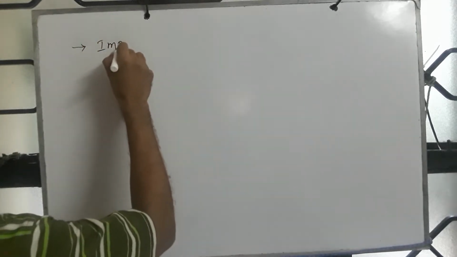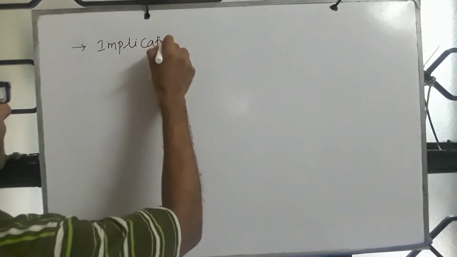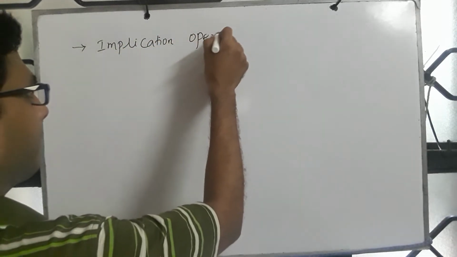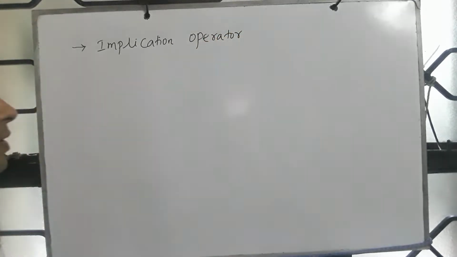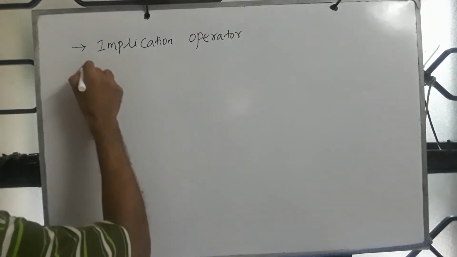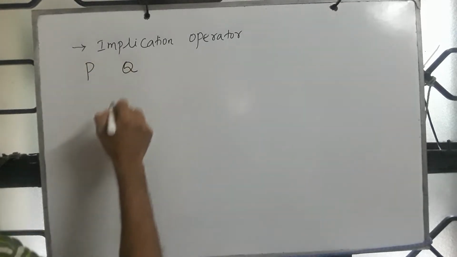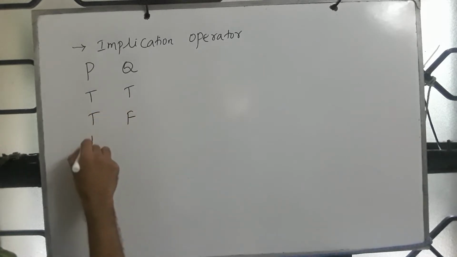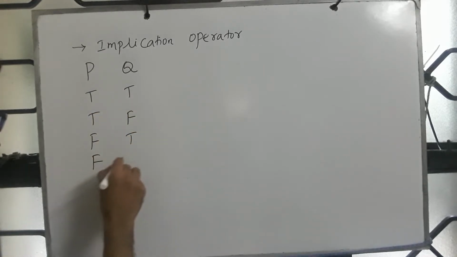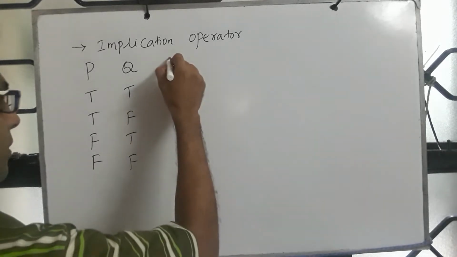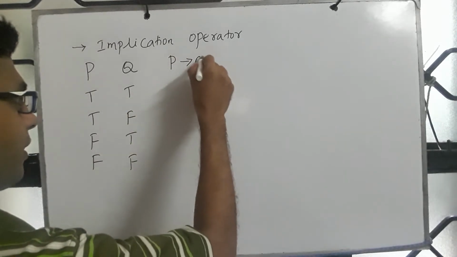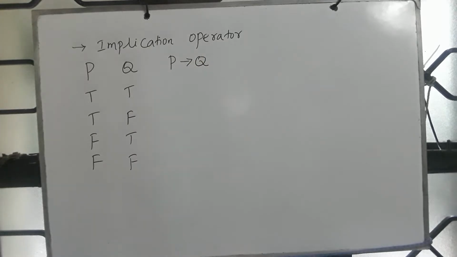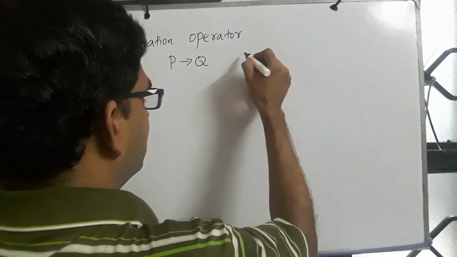So the implication operator. You are given P, you are given Q, the possible values are true true, true false, false true, false false. We write P implies Q. What is this?